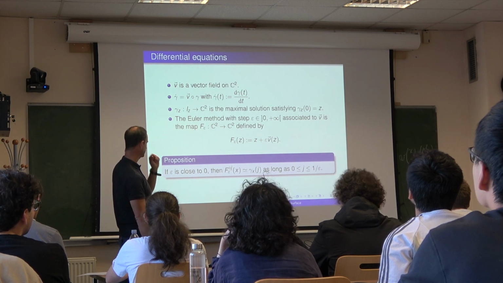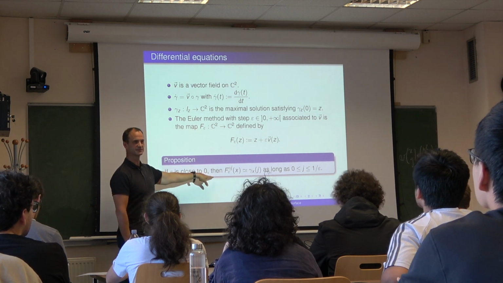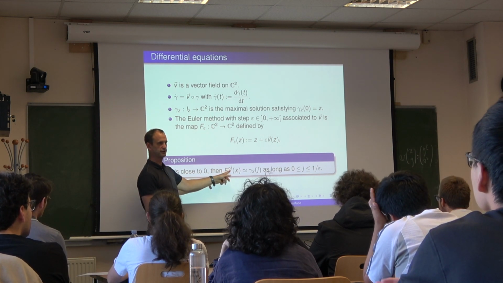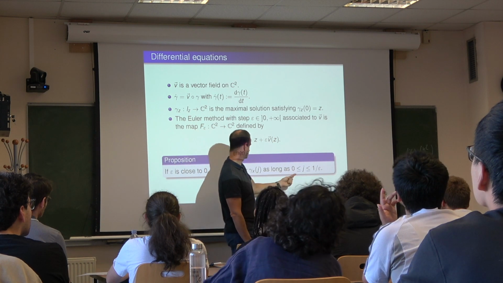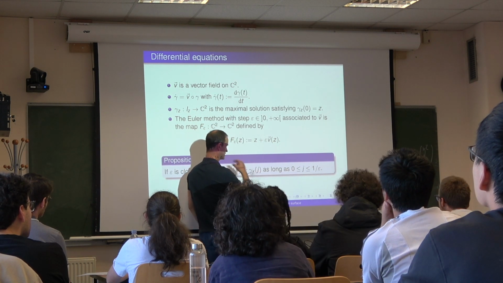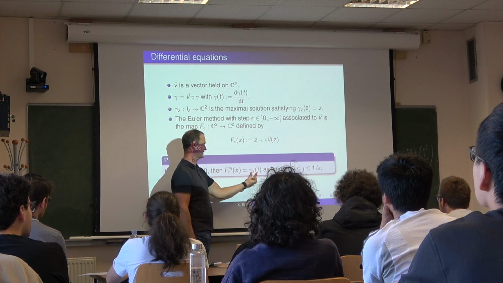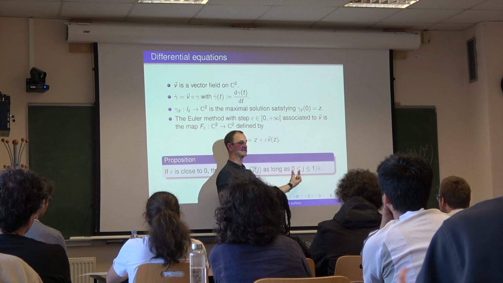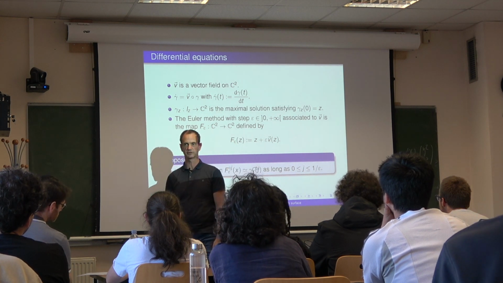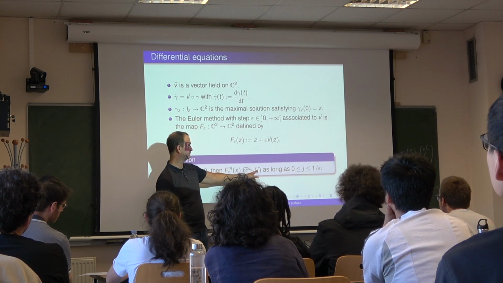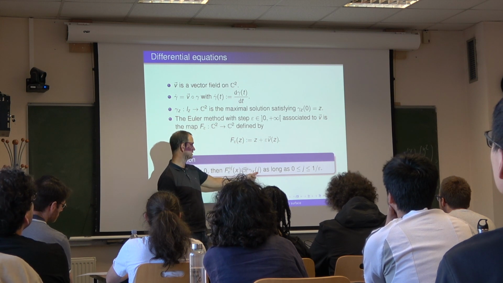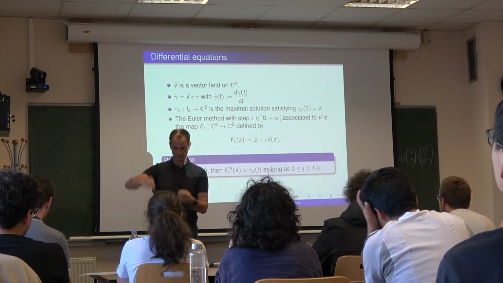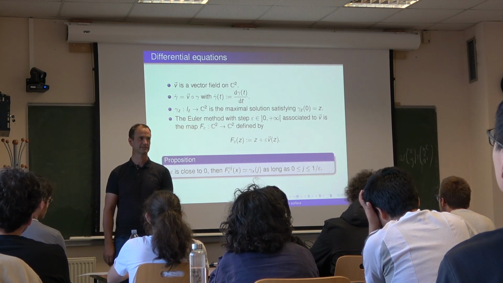I will have to correct the slide because I'm thinking of j being an integer, so here it should be epsilon j. So f^j of x should be gamma x of epsilon j, as long as j is between 0 and 1 over epsilon. So this should really be epsilon j, because you iterate with step epsilon, you move by distance epsilon, so you add epsilon to your time each step.